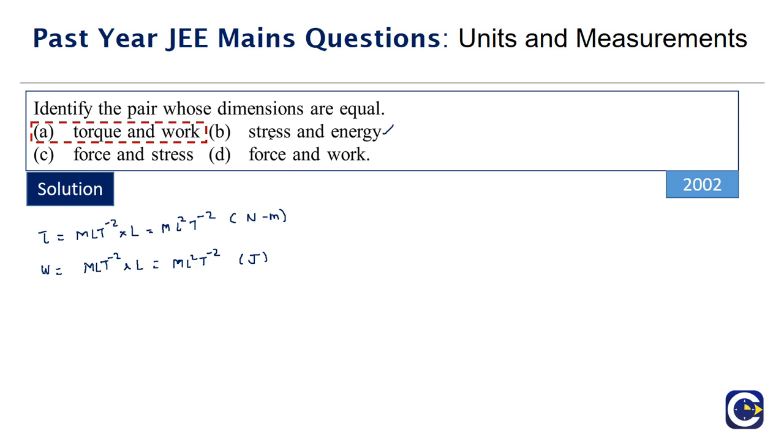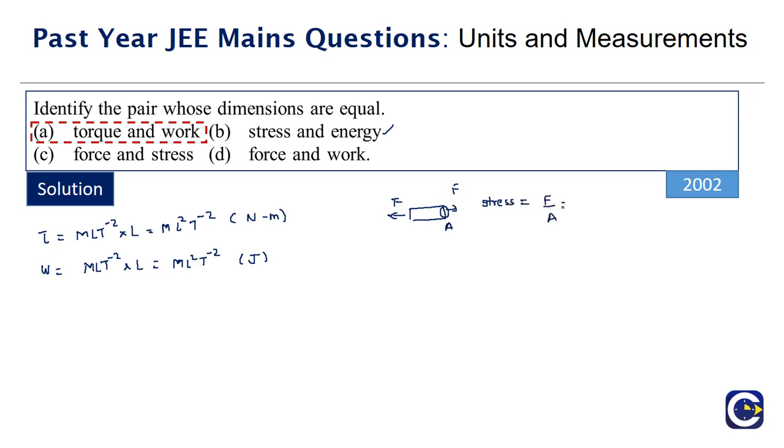But for academic interest we can look at the other options as well. If you look at the longitudinal stress, a force is applied to either elongate the object or compress the object. Let us say the area of cross section is A, then stress is given by force per unit area.